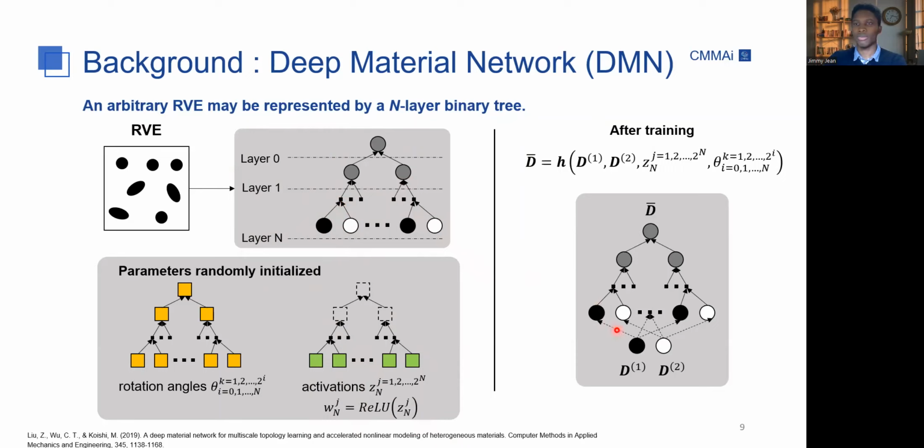And to perform the homogenization through that binary tree structure, what we will do is that we will assign the compliance matrices of each phase of our RVEs to nodes in the bottom of the tree.